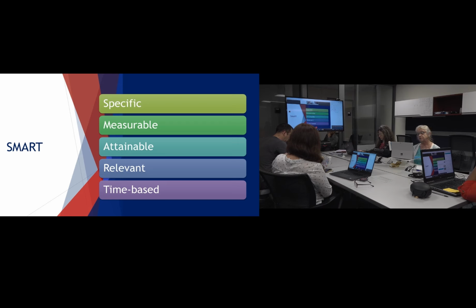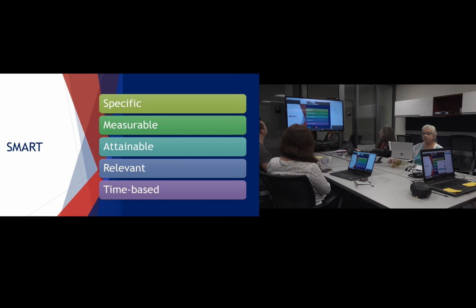Attainable, something that is within the scope of the course and the skill sets. Relevant, certainly connected to what the content is. And time-based. Many objectives are written with a specific by such and such a time. We see those in some courses and not in others, but that gives you an acronym to learn to think about how they come together.